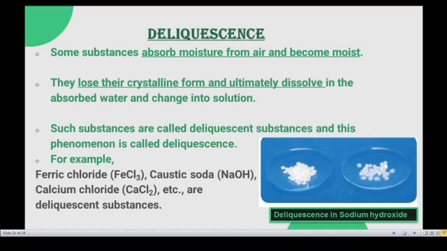They lose their crystalline form and ultimately dissolve in the absorbed water and change into solution. Such substances are called deliquescent substances, and this phenomenon is called deliquescence. For example, ferric chloride FeCl3, caustic soda NaOH, and calcium chloride CaCl2 are examples of deliquescent substances.